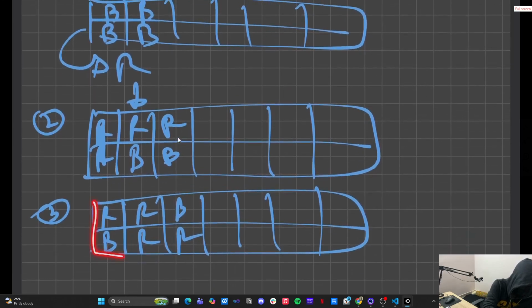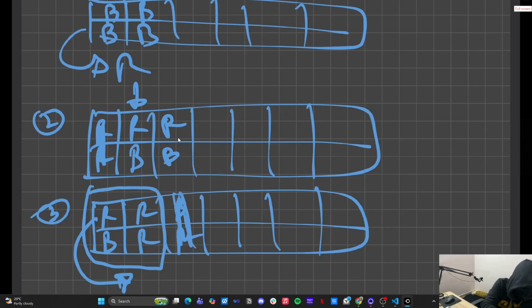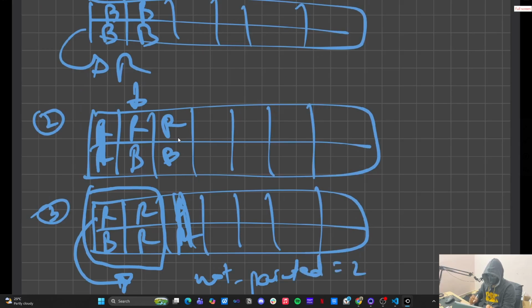Here I'll try to show you what we are doing. In this case, I'm saying I have not painted 2 cells, right? If you consider only these 4 cells, let's say this we don't have. In this case you'll say these 2 cells are not painted, which is correct. Not painted is equal to 2 cells, but here you'll paint only 1 cell.